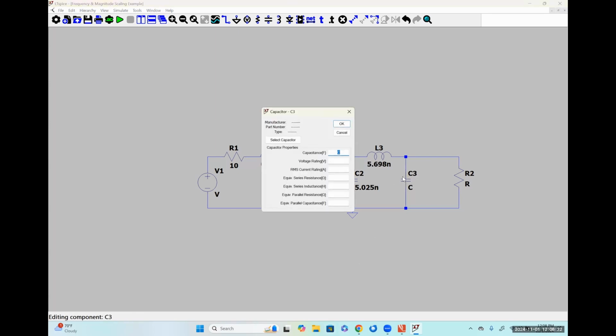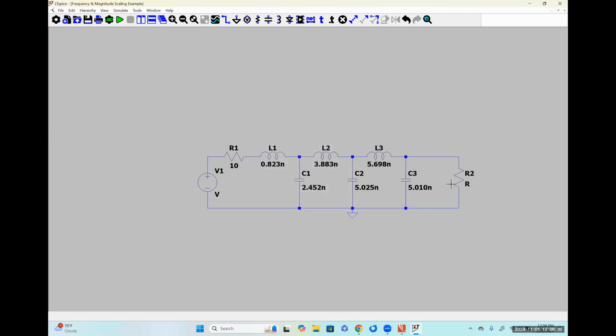And I think this one was 5.010 nano. This was 100.